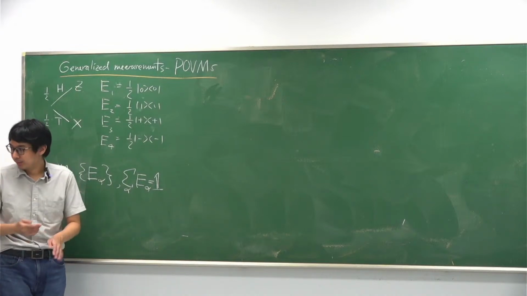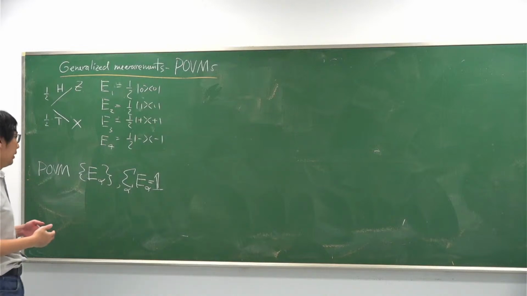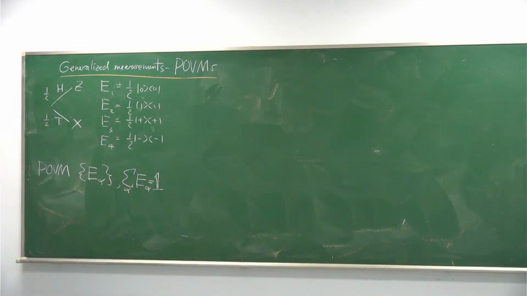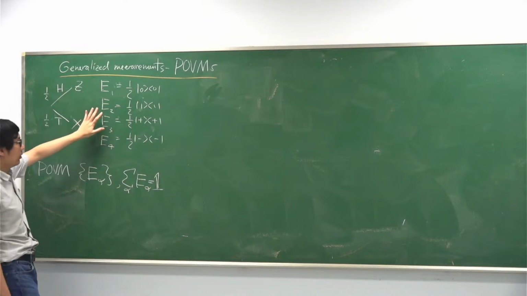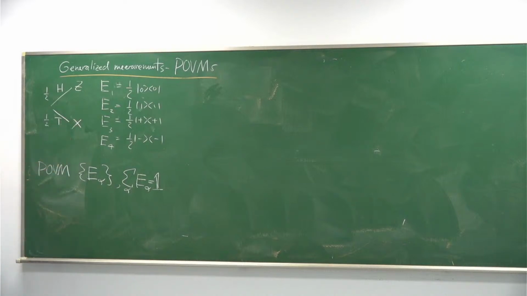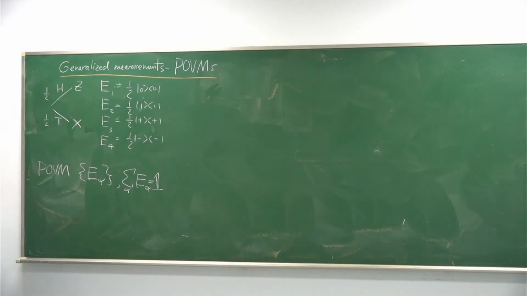And this is a big subject, and a big practical subject, because it's related directly to what experimentalists actually measure in the lab. So the last example that I gave was that you can make a convex combination of projective measurements, aka measurements of observables.